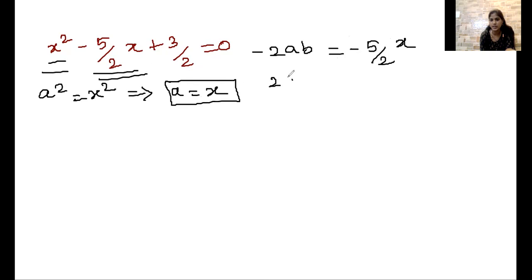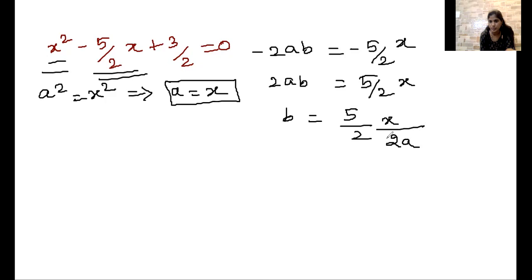Minus and minus will get cancelled. And I'll be getting 2ab as 5 by 2x. And I can say the value of b is 5 by 2x divided by 2a. Okay, the 2a is in multiplication on the left hand side. If I take it to the right hand side, that will become the denominator. And I know the value of a, which is x.